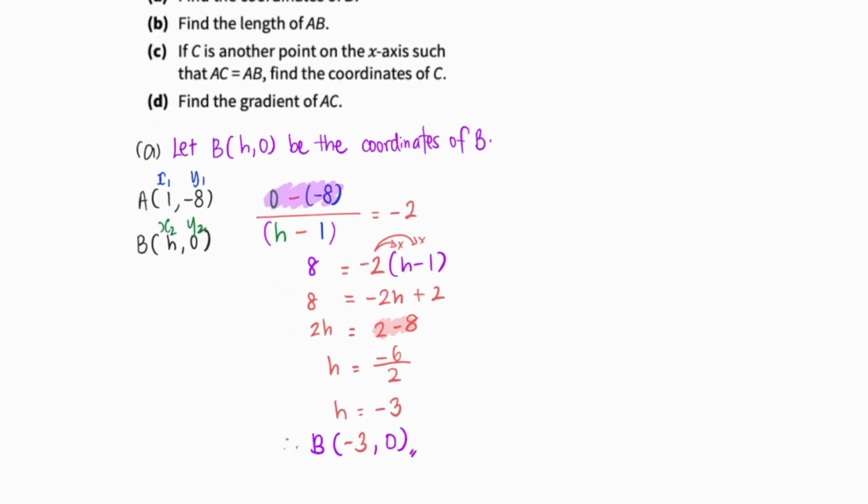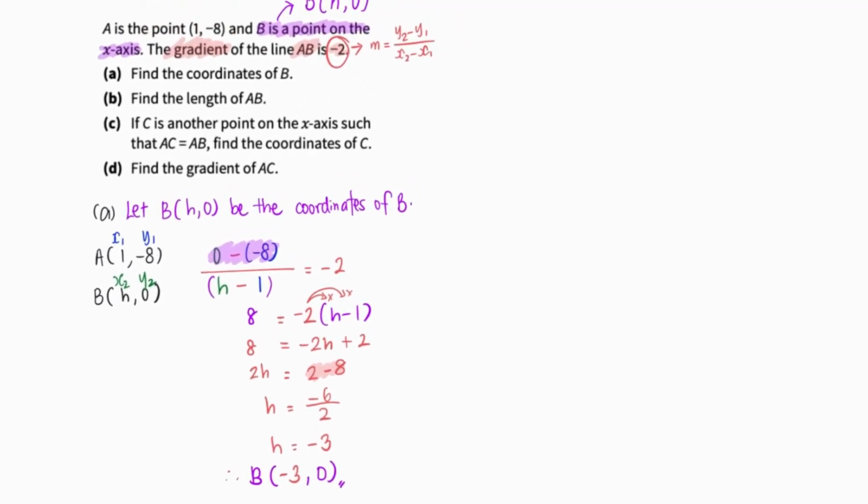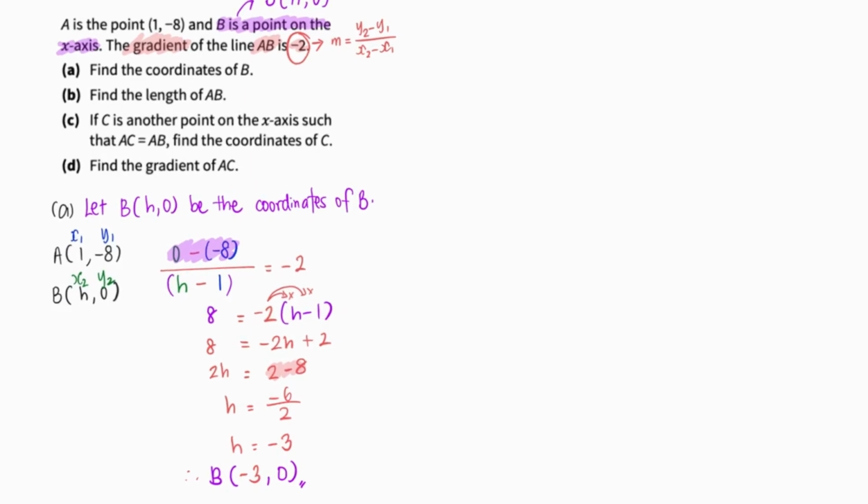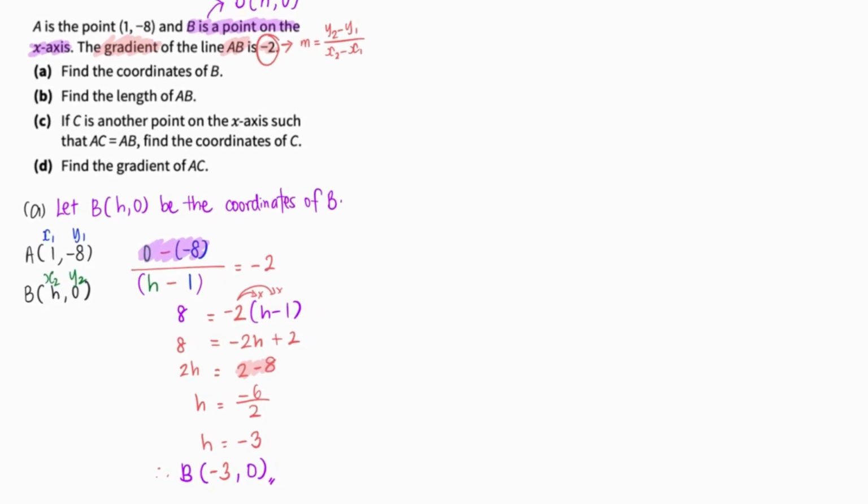Alright, let me close it, make it smaller as we continue to go over to the next part, part B, where we are going to find the length of AB. This is pretty straightforward, because now that I know the coordinates of B, we could find part B pretty easily.